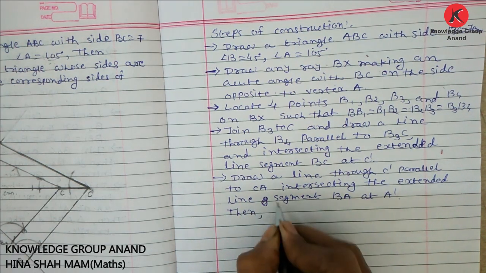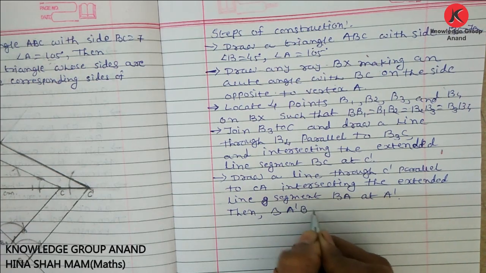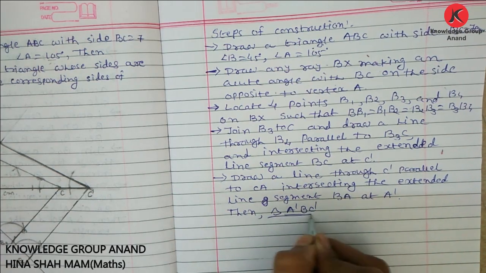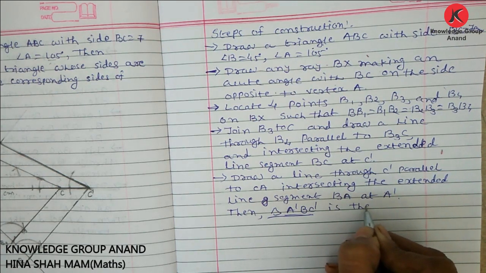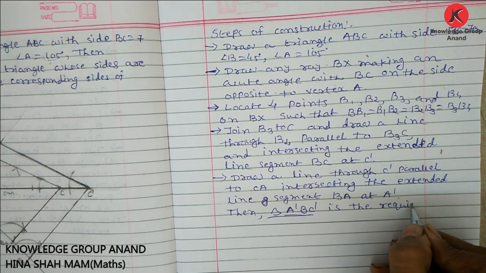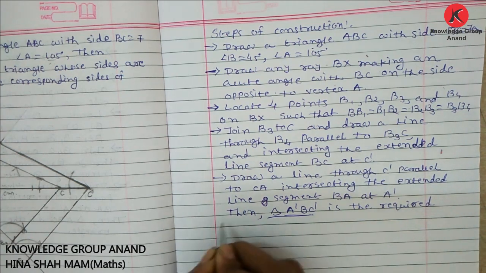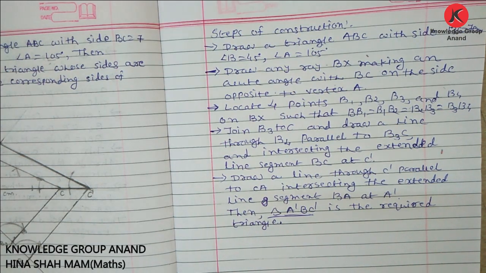Then triangle A dash B C dash is the required triangle.